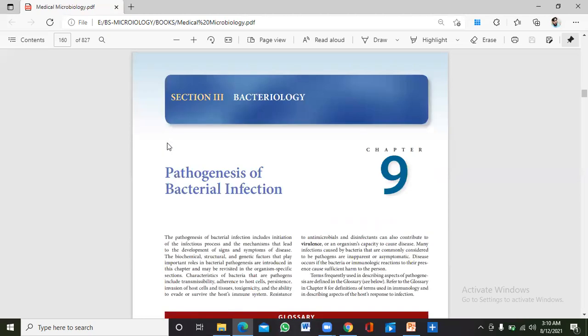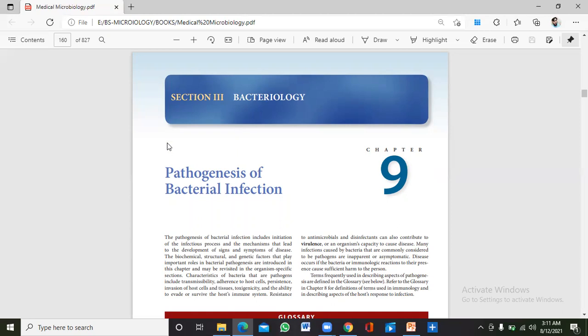Okay, after that, pathogenesis of bacterial infection, section number 3. Section number 3 consists of bacteriology, and bacteriology means all the infections that are caused by bacteria.